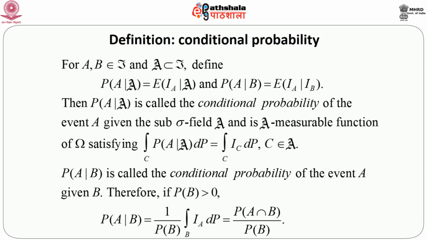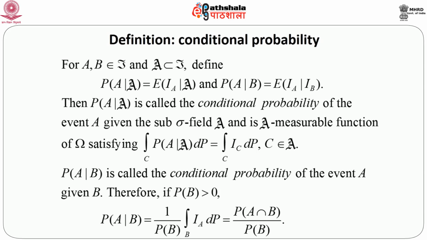This part is pretty obvious because the expectation of the indicator function of a set is nothing but the probability of that set, and the probability of A given B we define as the expectation of I_A given I_B.